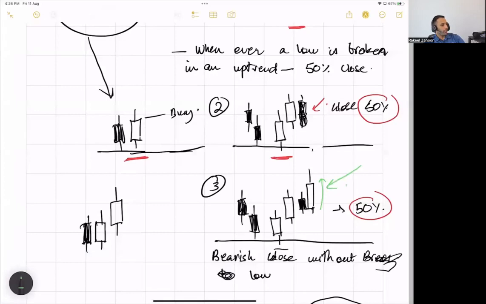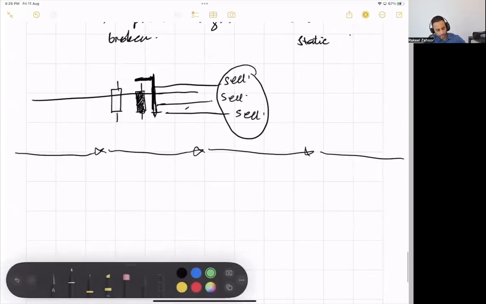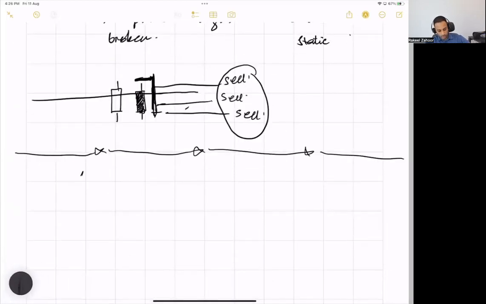Candle goes in your favor, how to add risk back to the trade. So we're going to discuss this here now. Okay, so how to add risk back to the trade.